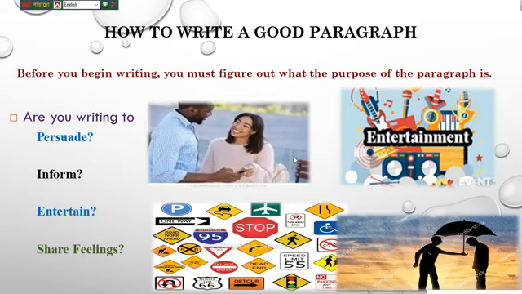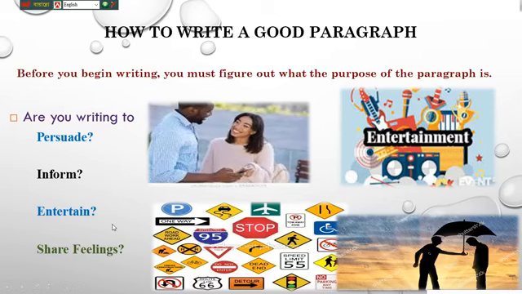I'm trying to give you a clear-cut picture using the images on screen. The first image expresses that this man is trying to persuade something orally, but you have to do it in written form. And next, inform. Here you see a picture where many sign images are given, and watching these signs, we can understand what we have to do.